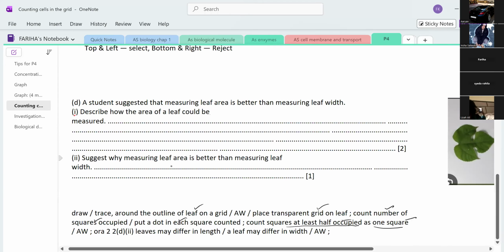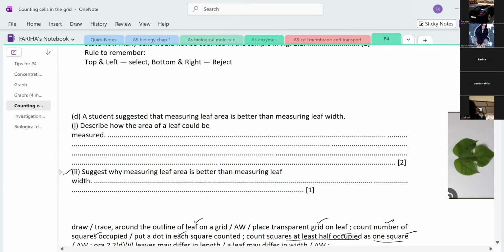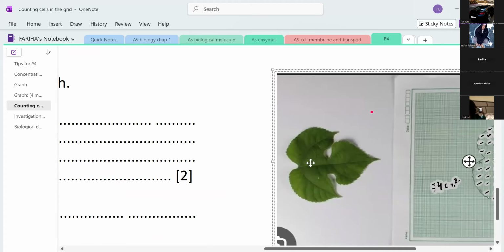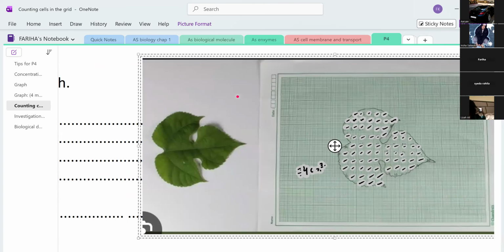Now question. Suggest why measuring leaf area is better than measuring leaf width. For example, if we want to measure the width of this leaf, why is measuring leaf area better than measuring leaf width? Tell me, what do you think?